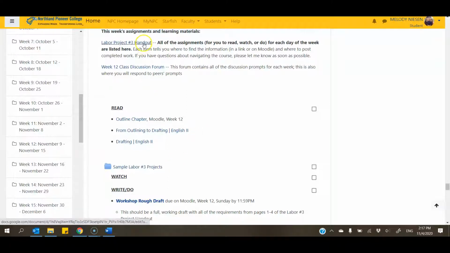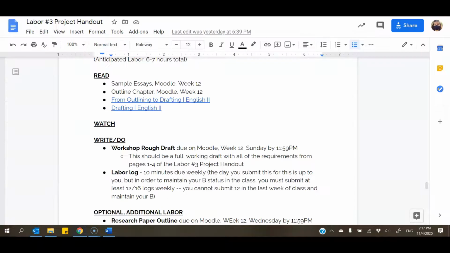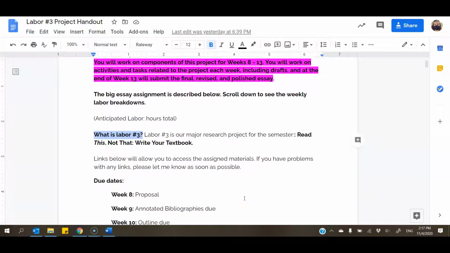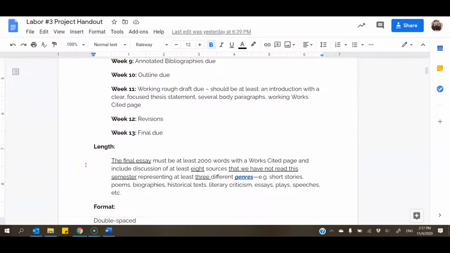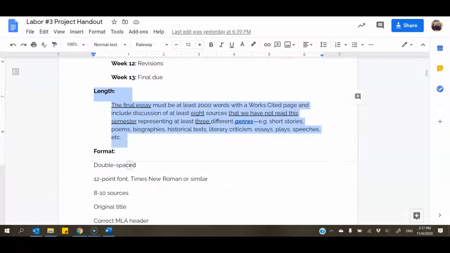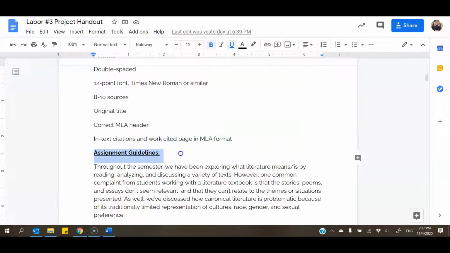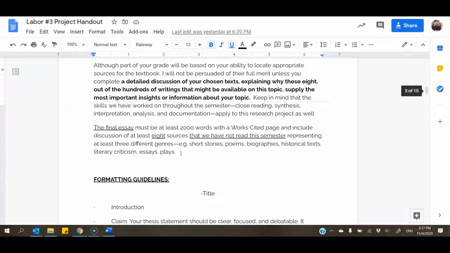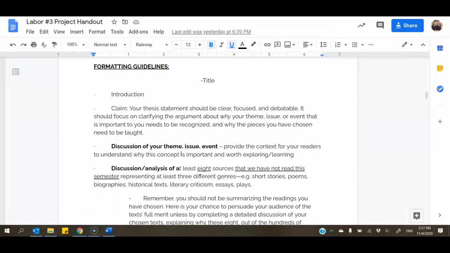So let's take a look at our labor number 3 project handout. I just want to remind you that the draft that you're working on is for labor number 3, which is read this, not that, write your textbook. And we have the instructions, including information about the length, the format, the assignment guidelines, so what kinds of materials you need to have, how many sources you need to have, and so on.